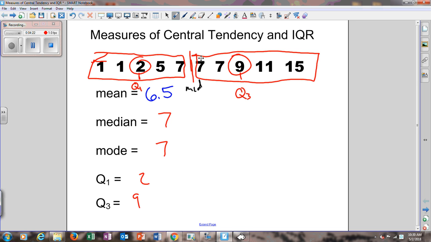Same thing over here, 25% here and 25% here. So that all the data between Q1 and Q3 adds up to 50% of the data.